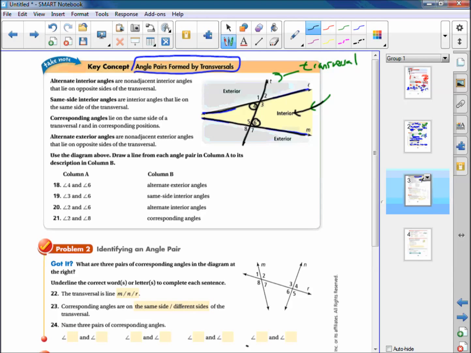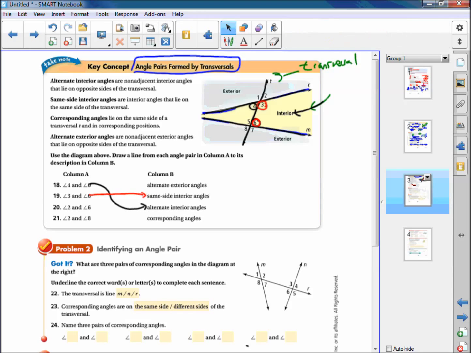And they're on alternate sides of T. So these guys are alternate interior angles, okay? 3 and 6. 3 and 6 are also in the interior, but they're on the same side of T. So these are same side interior.